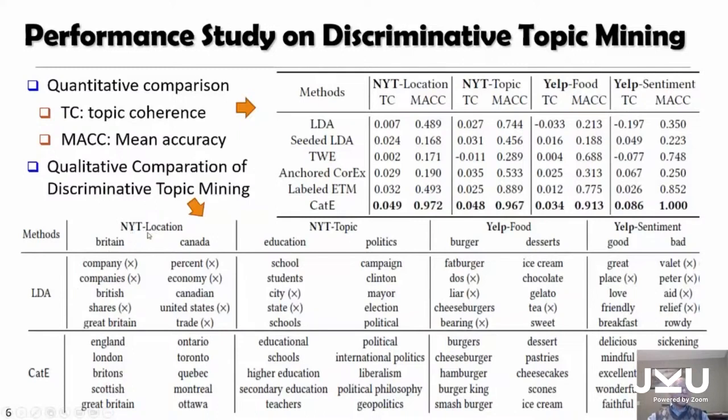For example, on New York Times location, if you put two seeds, Britain versus Canada, CatE gives much more meaningful results for Canada and Britain. And if you give different topics, you will get very different topic words. The results are quite interesting and useful.